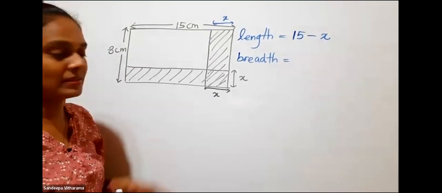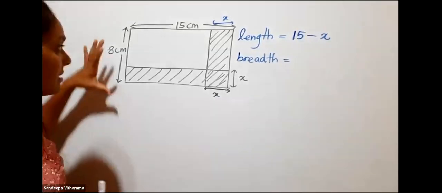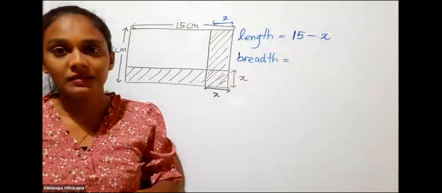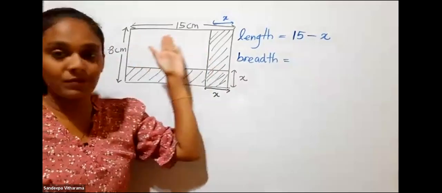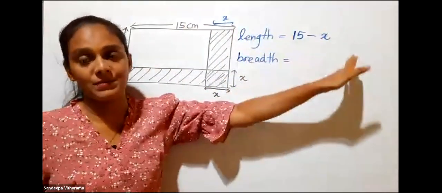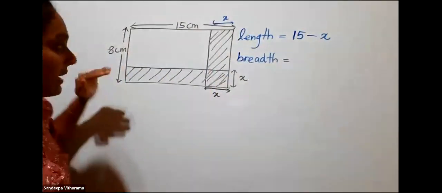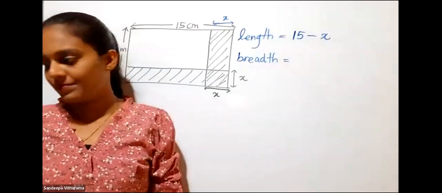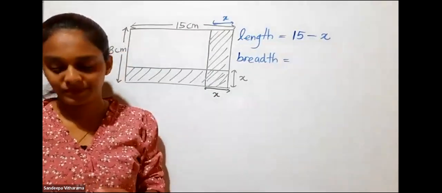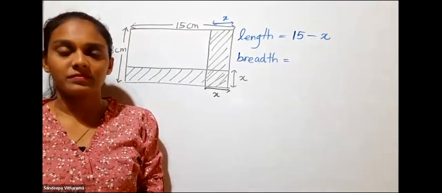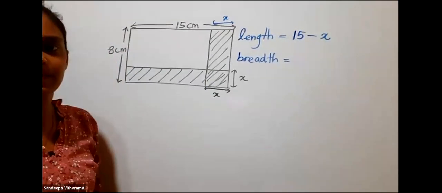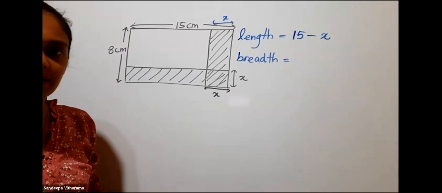Breadth is 8. Now x is removed from breadth. If x is removed from 15, it is 15 minus x. Then if x is removed from 8, what is it? Yes, Hania, what is it?